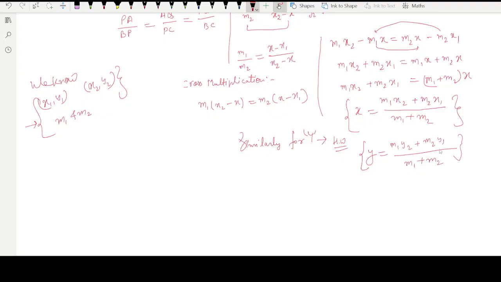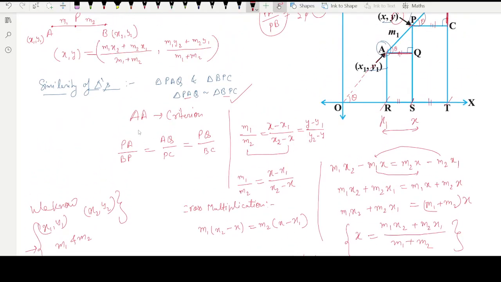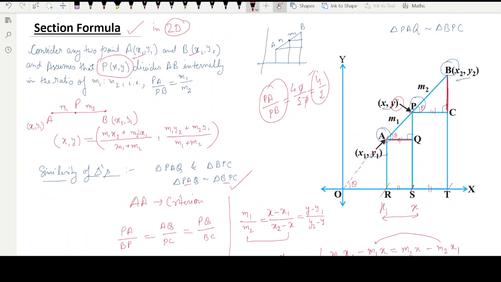You can find it yourself, and if you don't get it, please comment. This is a simple proof that is likely asked in interviews. The main concept behind it is similarity of triangles and ratios.